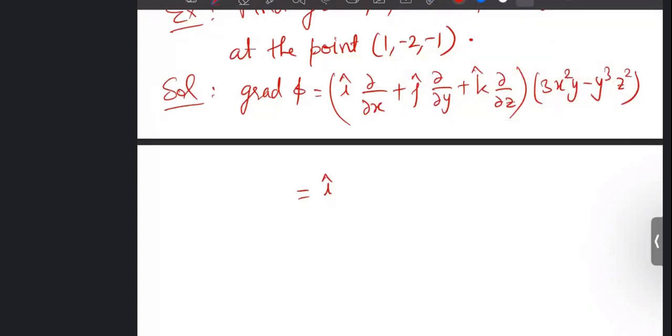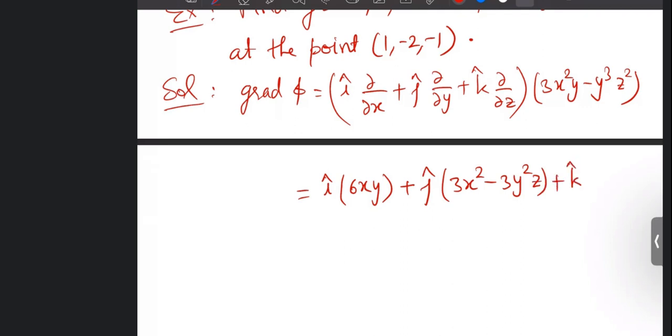With respect to x we get 6xy, with respect to y we get 3x square minus 3y square z square, and with respect to z we get minus 2y cube z.